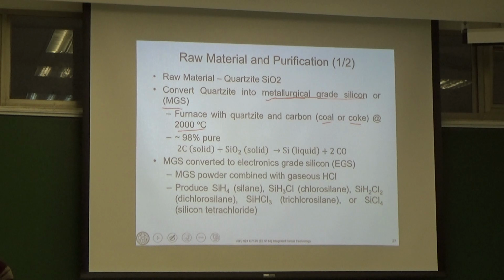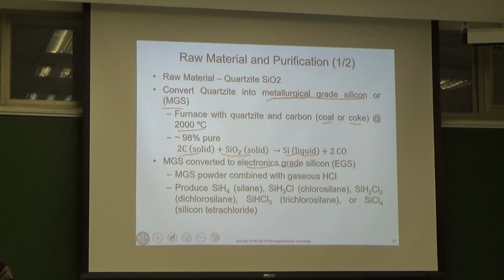This carbon will react with your silicon dioxide, and we have melted silicon coming out. Then we take this MGS silicon and convert it to EGS, which means electronics grade.